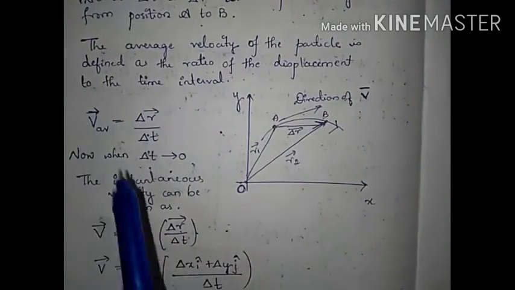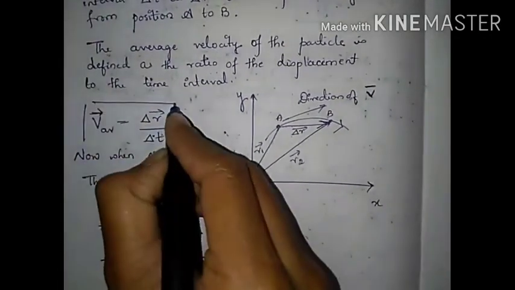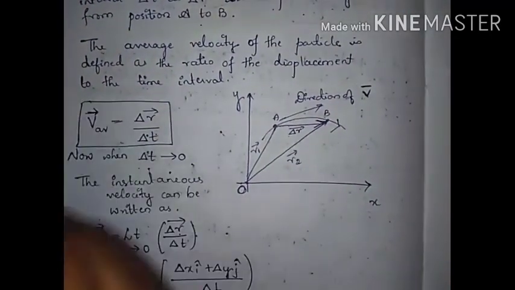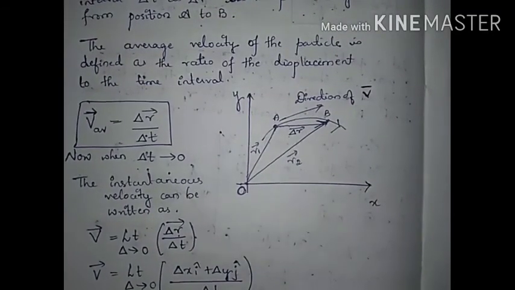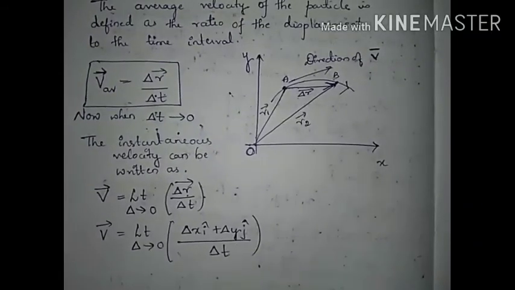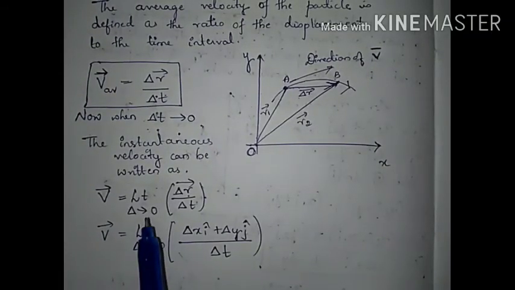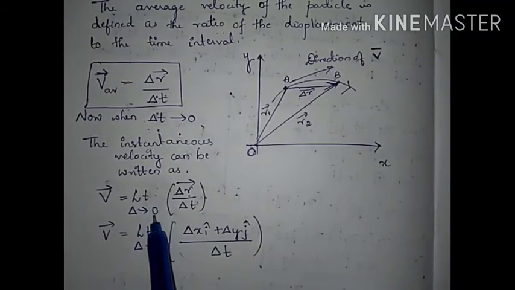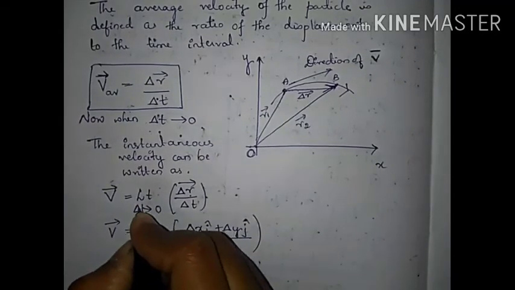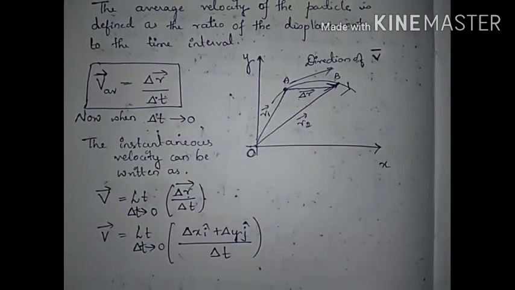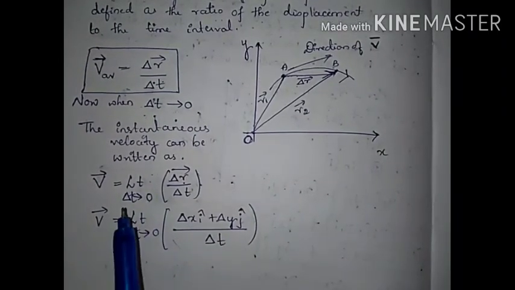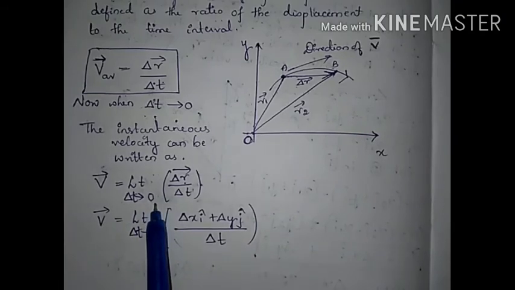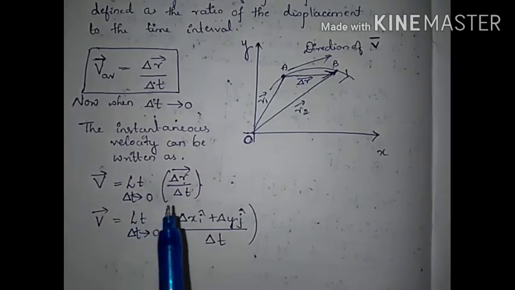Now we have written the average velocity, that is delta r by delta t. To find the instantaneous velocity, what we have done is write limit delta t tends to 0, delta r by delta t. I missed writing t here, so write delta t tends to 0.